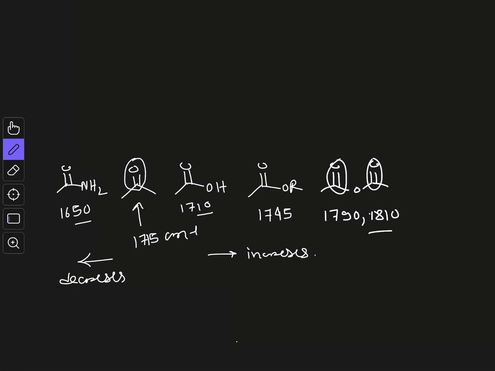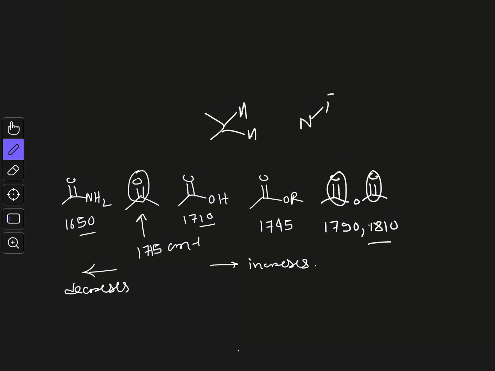I already discussed coupling in brief in the previous video, because in the case of the CH2 group we also get this kind of coupling, and also for the NH2 group. Whenever you have two similar kinds of bonds which are neighbors to one another, this coupling occurs. For acid chloride it is highest, at around 1815 cm⁻¹.